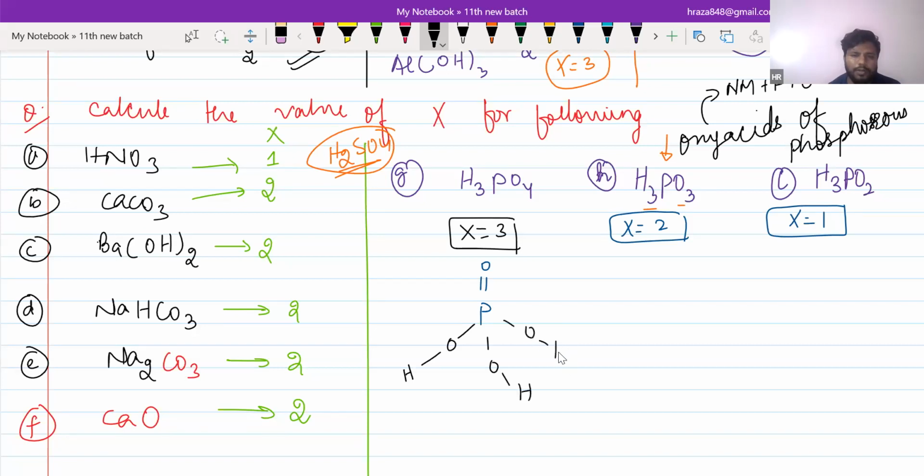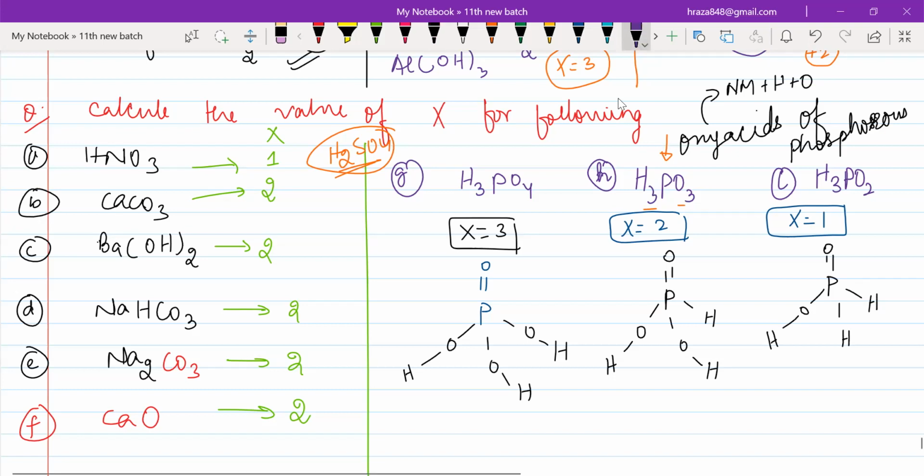You will learn how to draw the structure of compounds in chemical bonding, the 4th chapter in class 11th. Now, do you know electronegativity? Yes, sir.